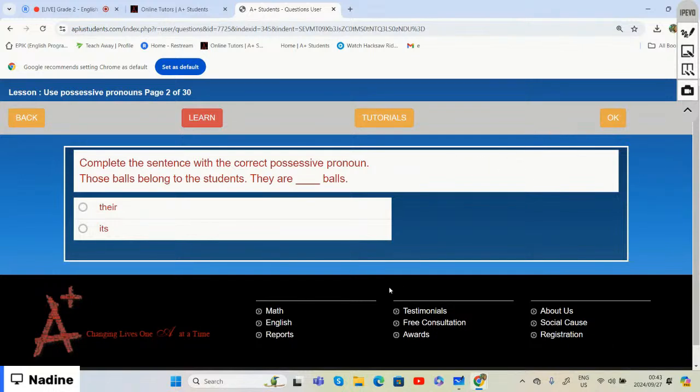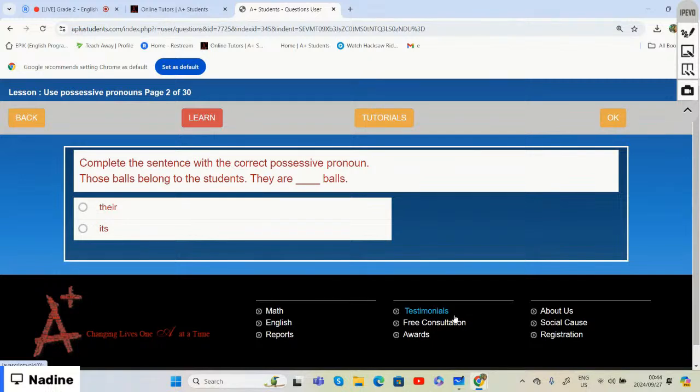All right, the next one says the balls belong to the students. So the balls belong to the students. If we were to choose the correct one, it says those balls belong to the students. Do we say they are their balls or do we say they are its balls?